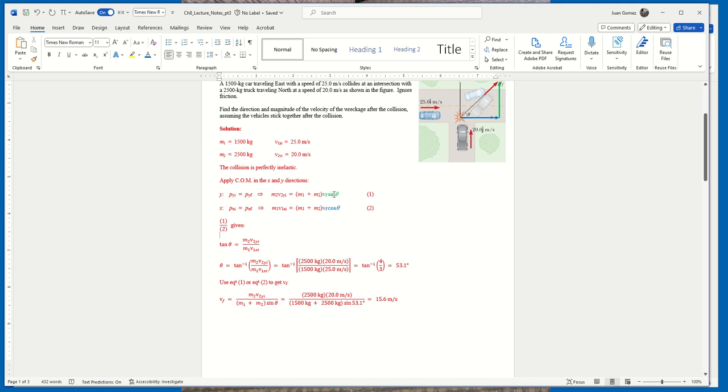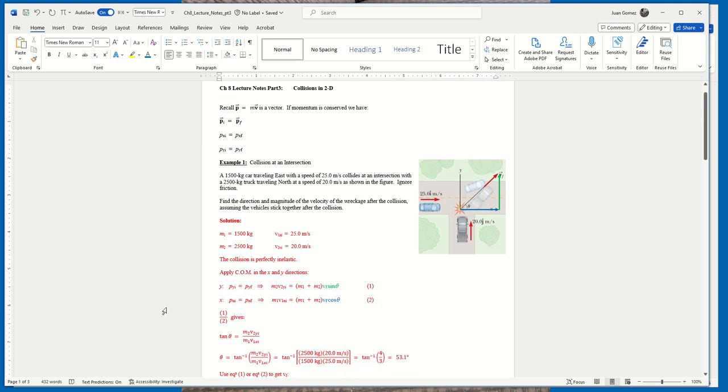On the right-hand side, the term in parentheses cancels, the Vfs cancel, and sine divided by cosine is tangent. So on one side I get tan theta, and on the other side I get M2 V2yi divided by M1 V1xi.